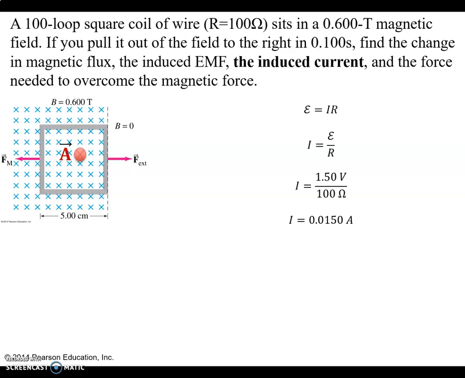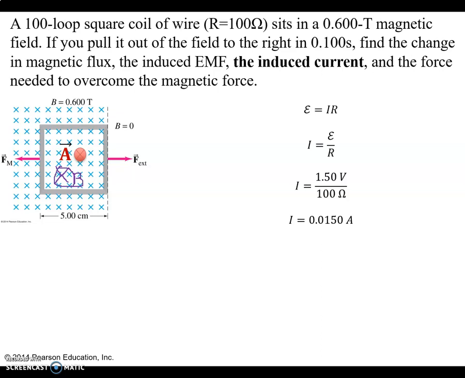So we need a current that produces, or induces, a magnetic field going into the board. So my current produces a magnetic field that's going into the board.